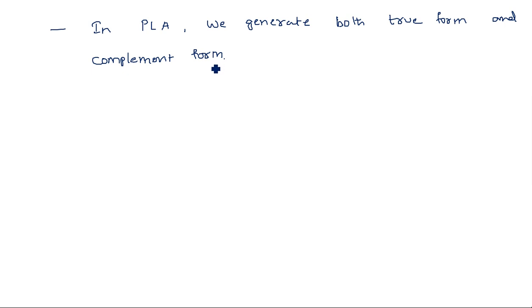So both the true and complement form of each function should be simplified to see which one can be expressed with fewer products. Suppose for example F1 is equal to AB plus AC plus BC, and F1 complement will also come.